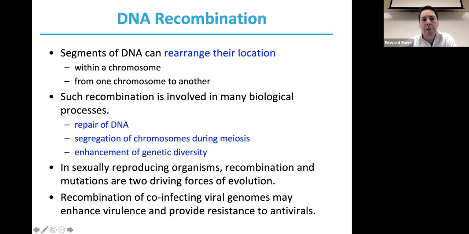So for any organism that reproduces by sexual means, recombination and mutations tend to be our driving forces of evolution. You may see a particular mutation that arises that confers an evolutionary advantage, and so future descendants will keep that particular mutation.